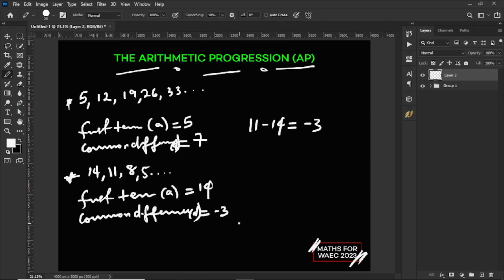So let's go to the next one. Take this down now. Let's move to the next one, which is the nth term of an AP.